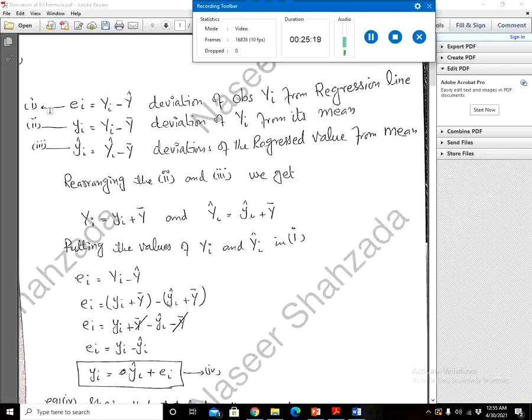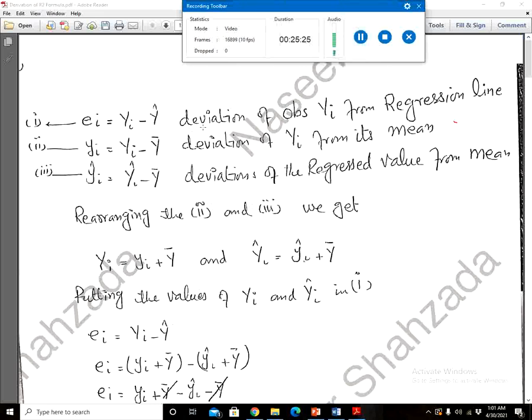So we start with the basic equations. We start with equation number 1, that e_i is equal to capital Y_i minus Y hat. Here e_i is small e, that are residuals, the difference between the actual observation and the estimated value. Y_i is the actual population observation, and Y cap is the line that we have estimated through sample data.